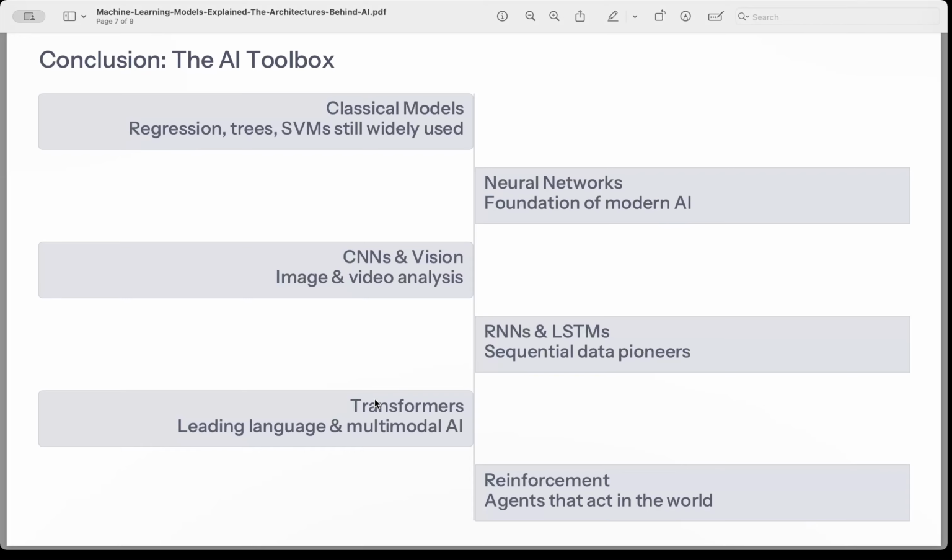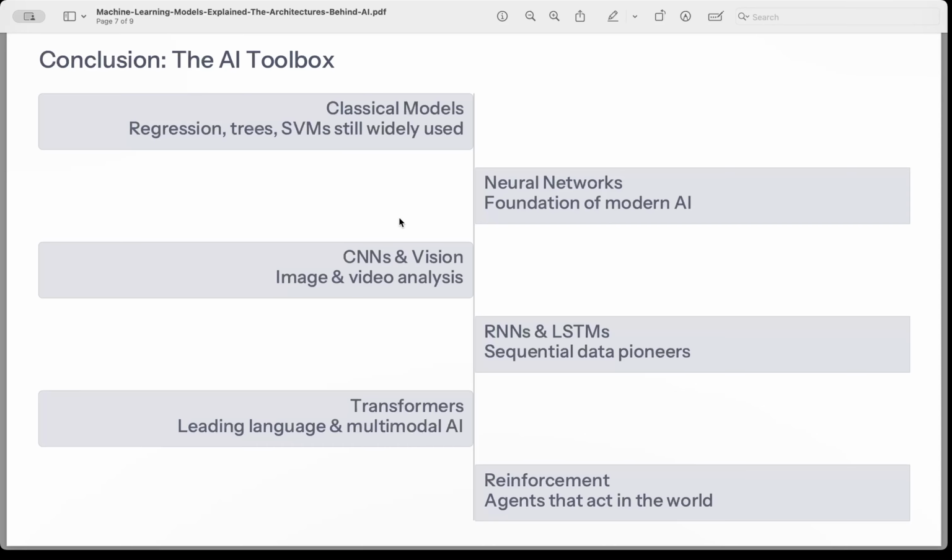So this is a flowchart to sum up the history of AI. As I covered throughout this presentation, classical models came first with models like regression, trees, and SVMs, which are still widely used today. And then came the neural networks, which formed the backbone of modern AI.